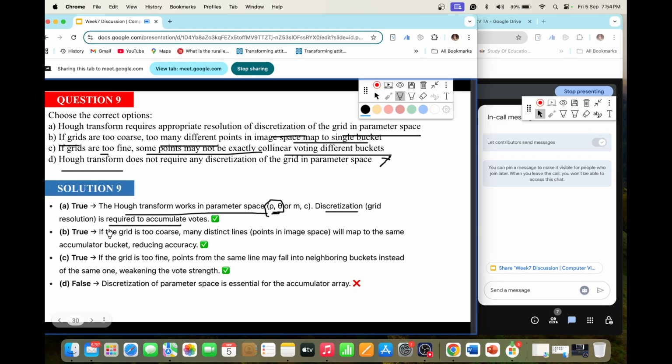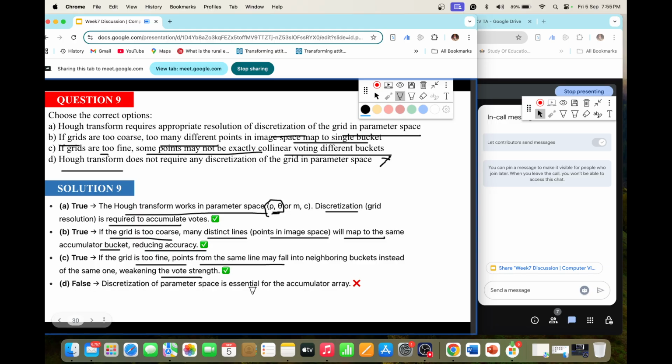Second, if the grid is too coarse, many distant lines, points in image space, will map to the same accumulator bucket, so that will reduce the accuracy. If the grid is very fine, points from the same line may fall into neighboring buckets, in two different buckets, and that will again weaken the vote strength.